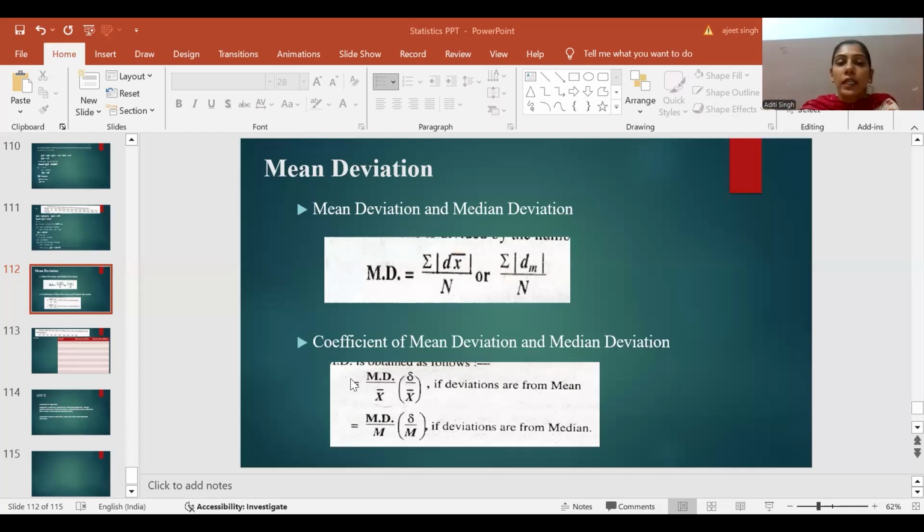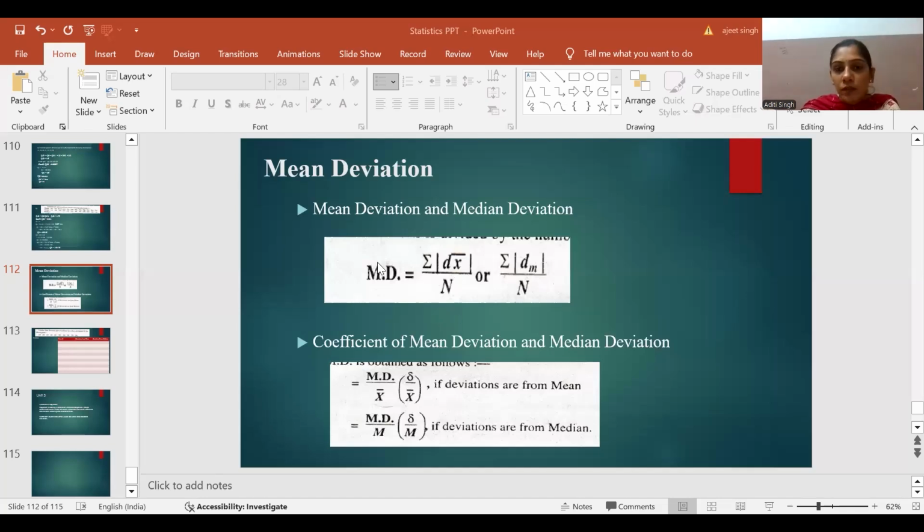In the given formula, which you can see on your screen, the deviation from mean is denoted by dx bar, and the deviation from median is denoted by dm. MD is mean deviation.